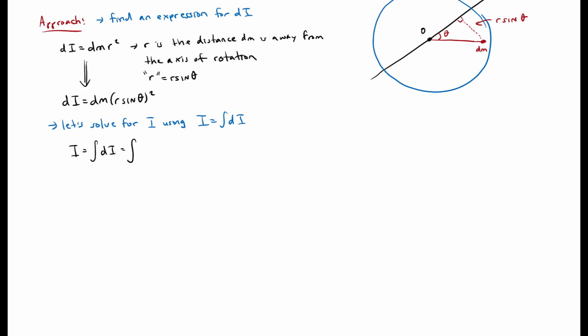And that means we have the integral of R sine theta squared dm. So looks like a simple integral. I just don't have dm yet, so we're going to have to solve for that.